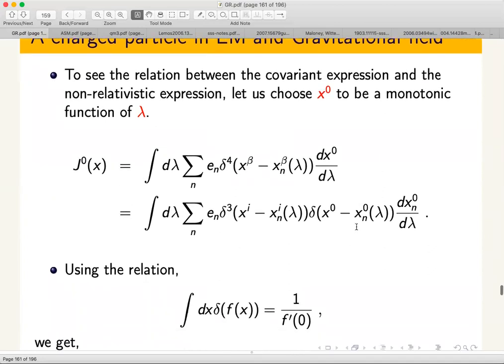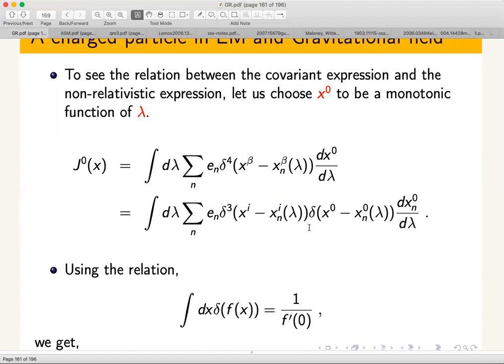When you do the lambda integration, you need to use this delta function identity to replace this delta function as derivative of the argument.